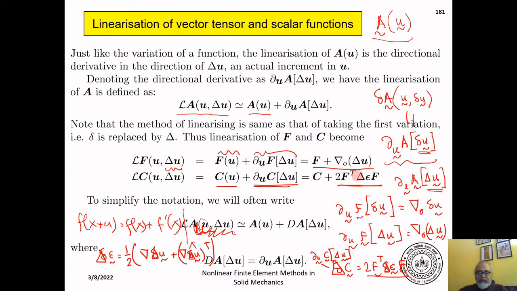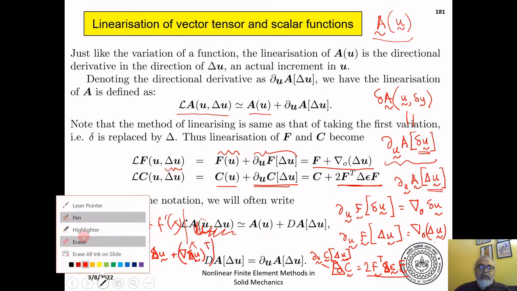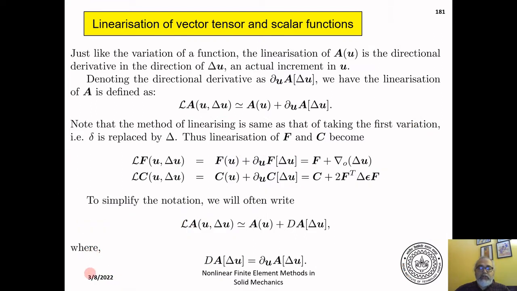So very often when we don't have any chance of getting confused regarding what the directional derivative is taken against, we will denote this quantity as dA in the direction of delta u. Often we will even drop the delta u when it is clear that we are taking an increment in u.